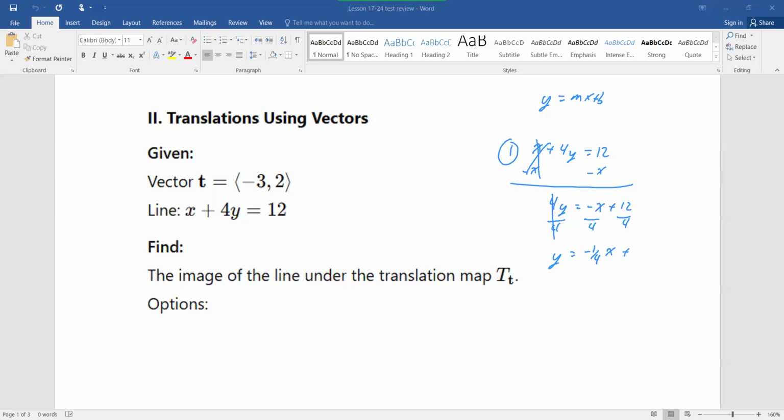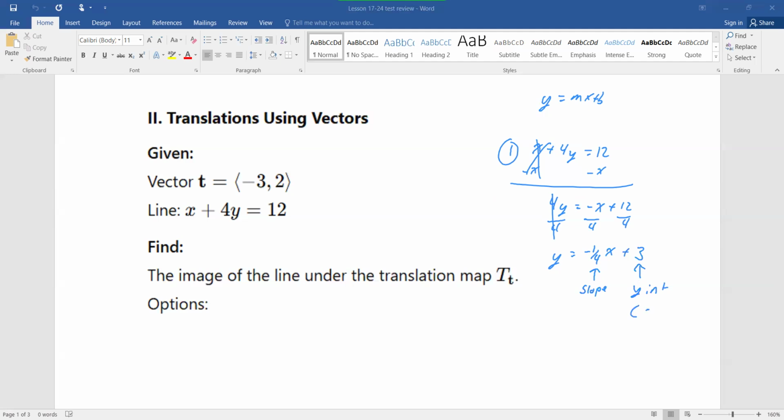You're right. 12 divided by 4 is 3, not 12 divided by 3. Gosh. All right. Anyways, so now we have a little bit more familiarity. What's the negative 1/4 represent? The slope. And what's the 3 represent? Y-intercept. How's the y-intercept written if I wanted a coordinate?